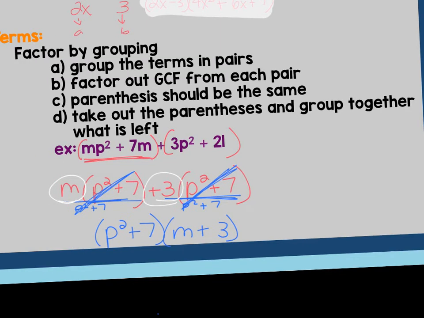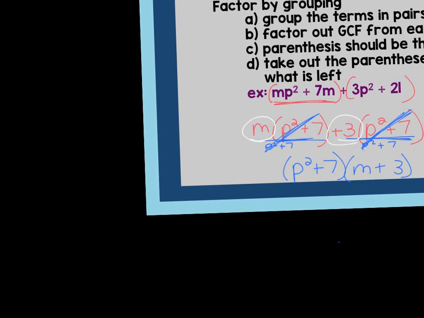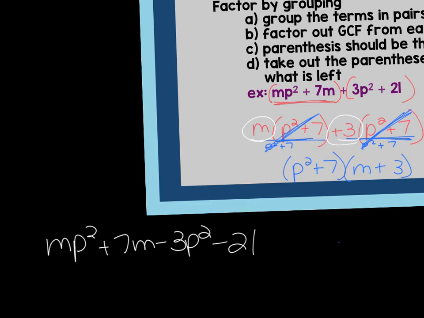Okay. So Chris asked about the negative, which is a good question. mp squared plus 7m minus 3p squared minus 21. So let's look at it this way.